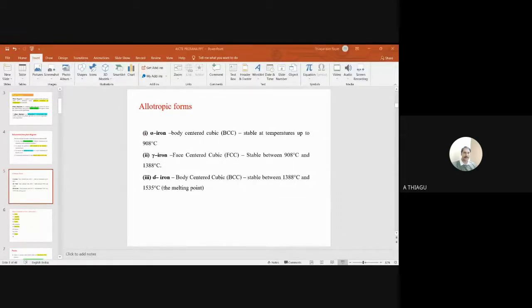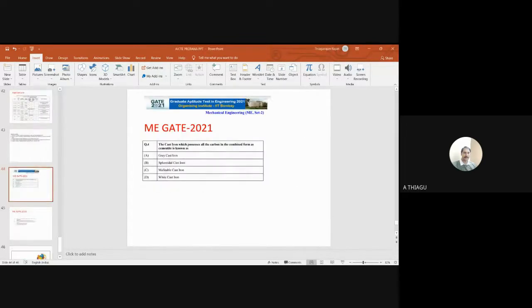A, B, C, or D? Any response from the student side? Ravidharan, Abhinash, Narkesh, Raj.